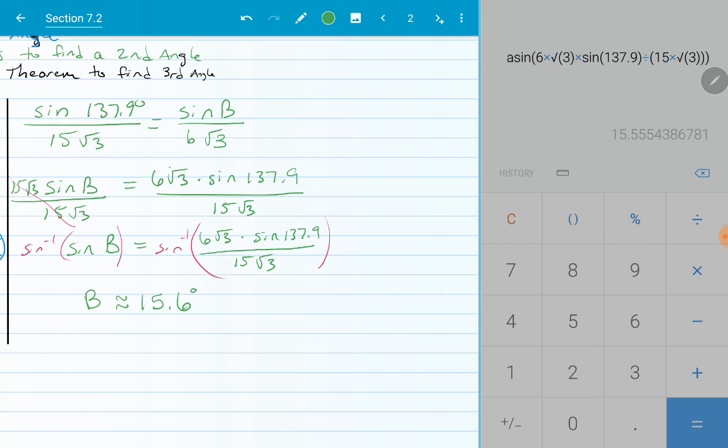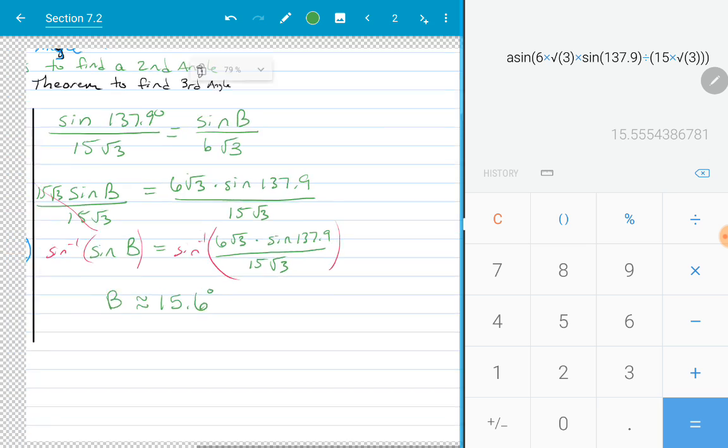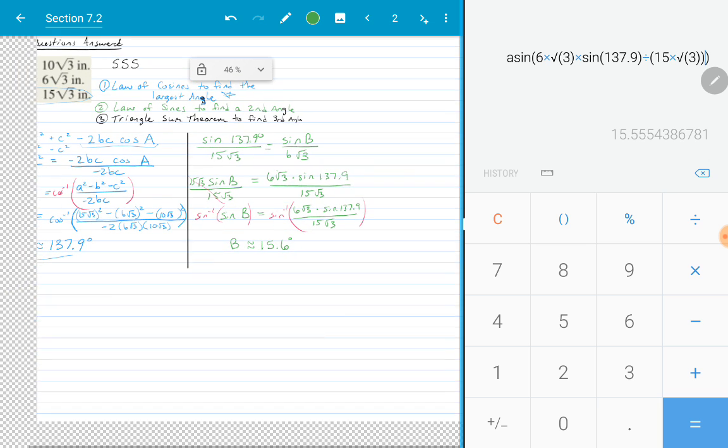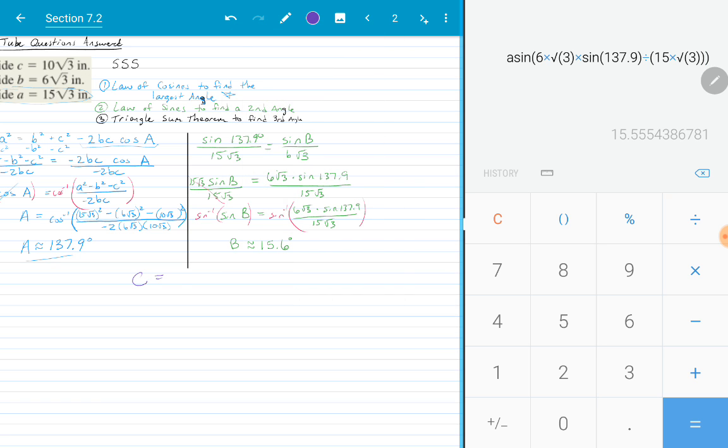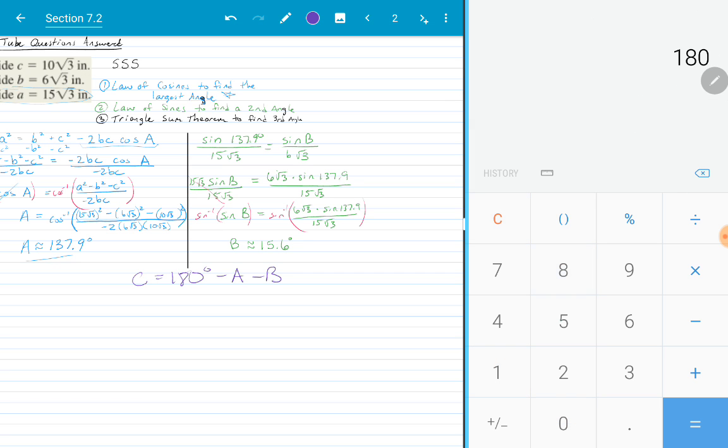And then I'll leave the calculator out so we can find C easier. So I have angle A, angle B, and I need to find angle C. So C is going to be 180 degrees minus angle A and minus angle B, which is 180 minus 137.9 and 15.6, which equals, and it's approximate since we used approximate values for A and B. So I'll still say approximate even though I don't actually have to round for this one.